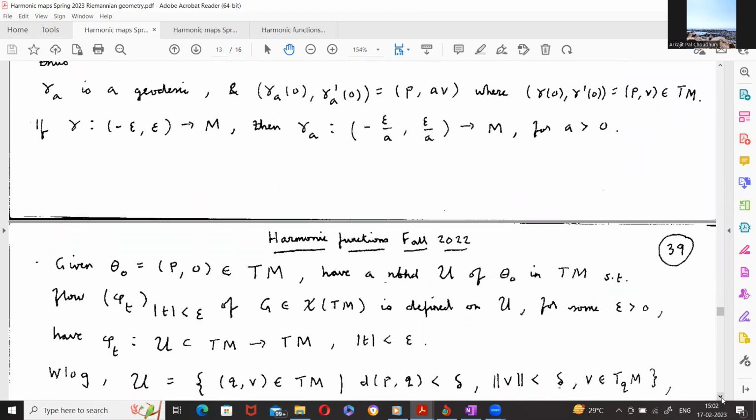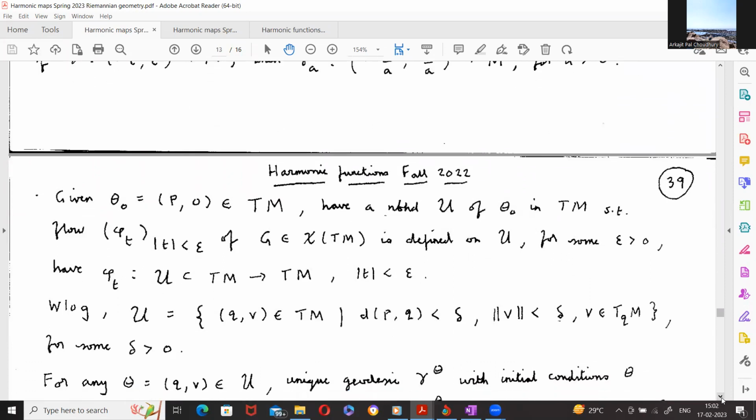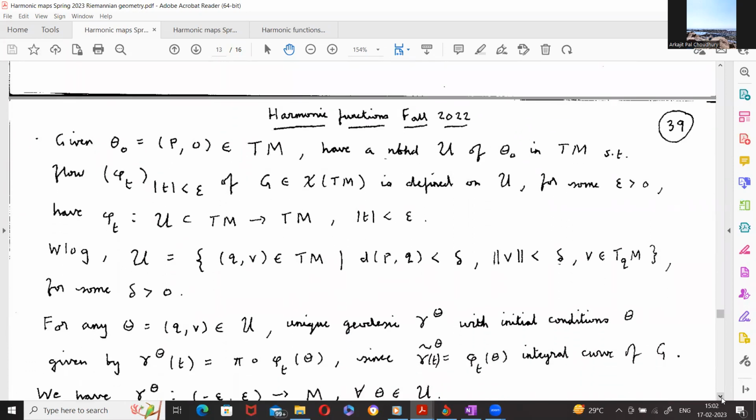Okay. So why do I want to do this? Because I want geodesics which are defined for time at least 1. I want them to be defined on the interval -1 to 1 at least. Okay, we'll see why. So now let's look at geodesics as solutions of a first order ODE in the tangent bundle. If I take a point in the tangent bundle, theta naught, which is the point (P, 0), this is a point in TM.